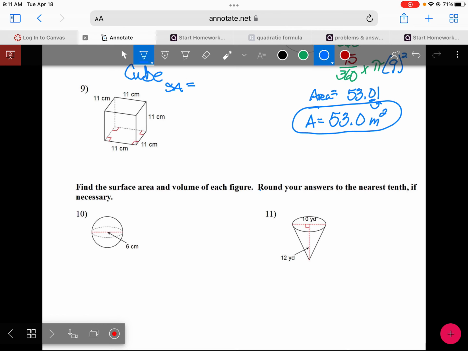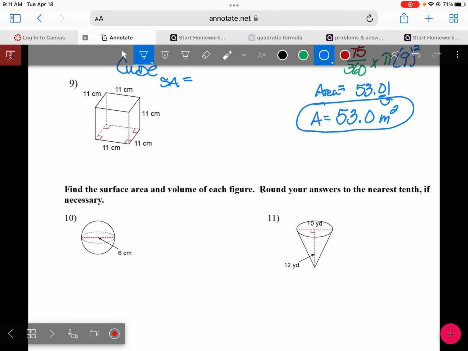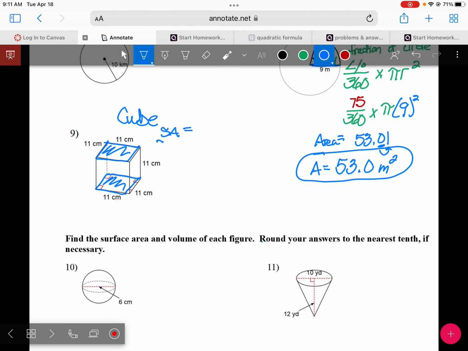It's a prism. Yeah, a prism has 2 bases. So it definitely has 2 bases. Okay, one down here and one down here. So we could call this a square prism. And we do have surface area of a prism.